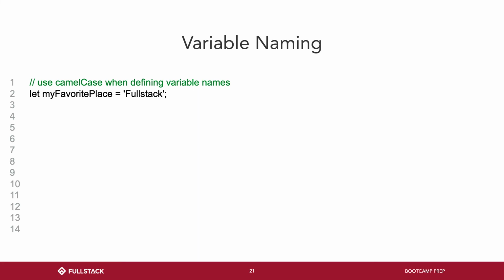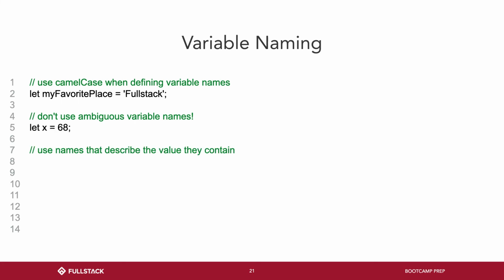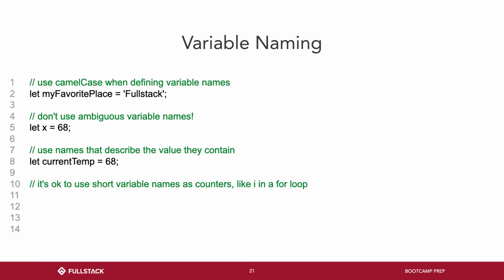Any questions? I know this is really boring, but just bear with me. Don't use ambiguous variable names, like let x equal 68. Use names that describe the value they contain, like currentTemperature equals 68. Okay? Let's say you're writing a function that's solving some problem for your company and it's like 100 lines, and you have like 30 variable names, and it's all letters of the alphabet and then some numbers.